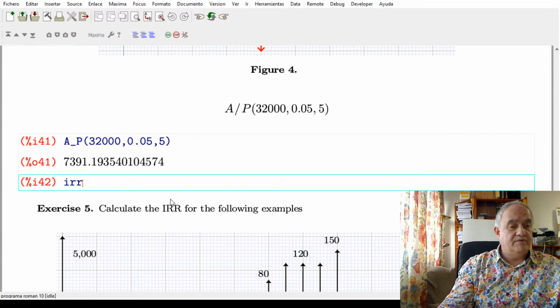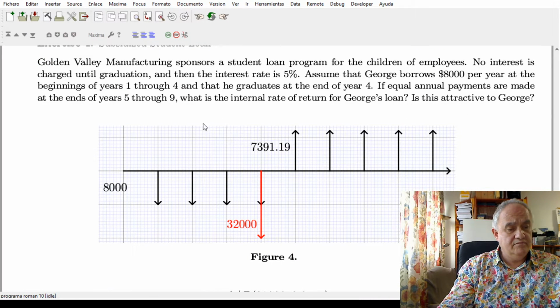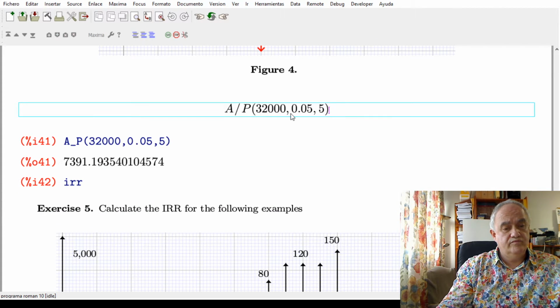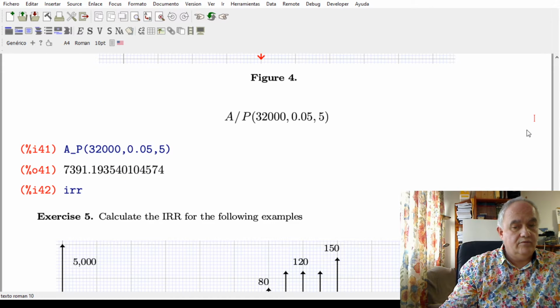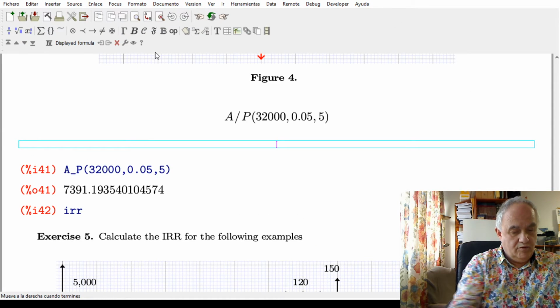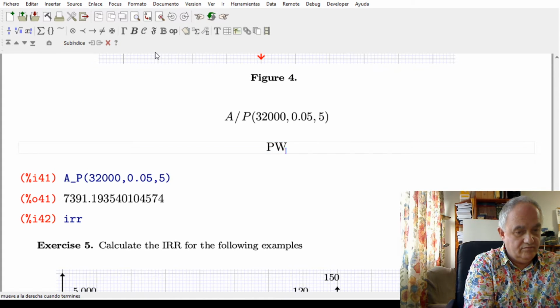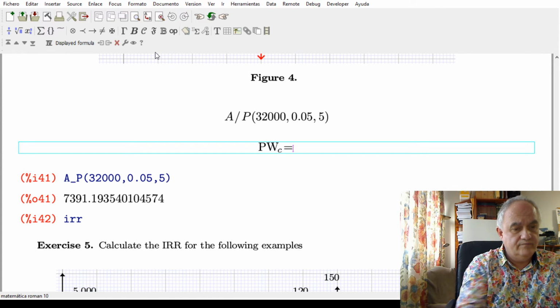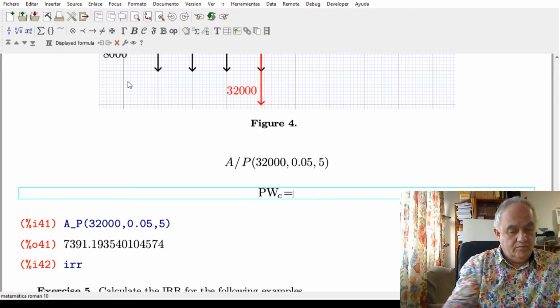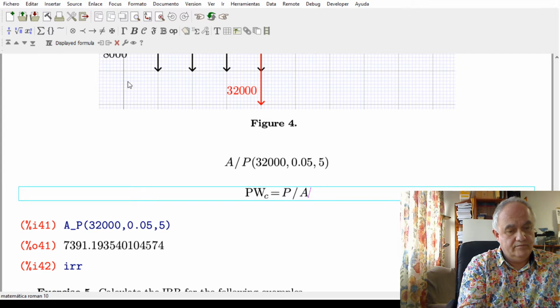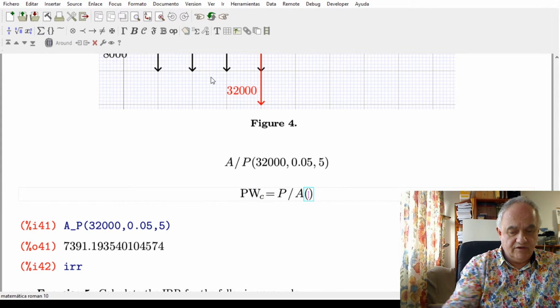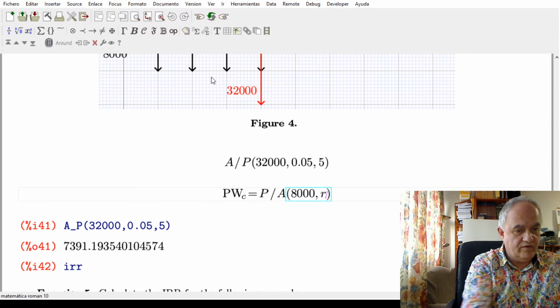We can first obtain the present worth at any moment we like. Okay, present worth of this. For example, the present worth. Okay, sorry, I will open a new formula. Present worth of the credit is equal to P over A. Present value of this annuity of 8,000 with an unknown rate of interest during 4 years.